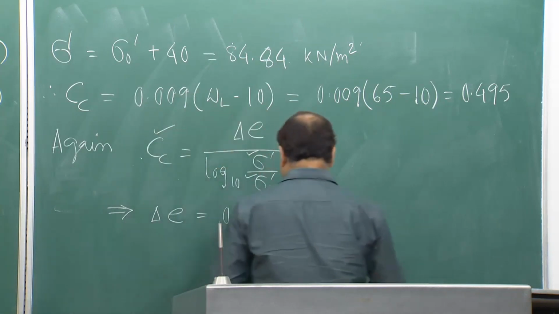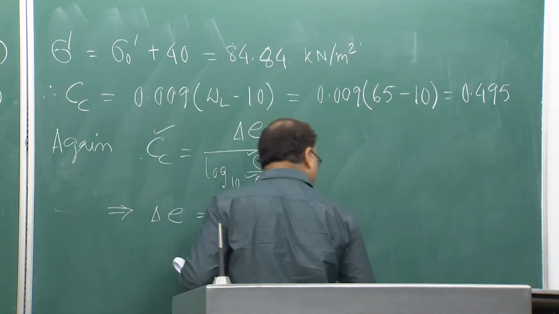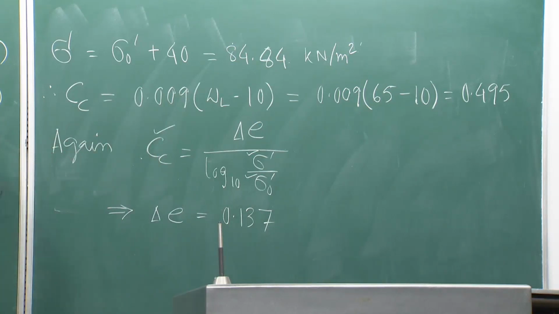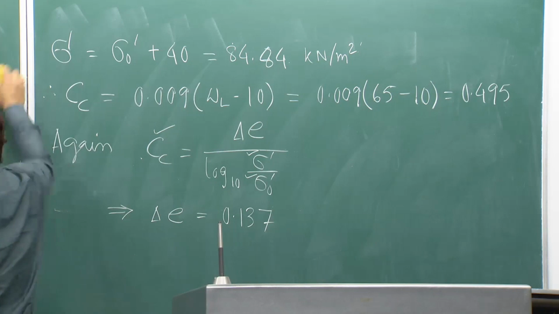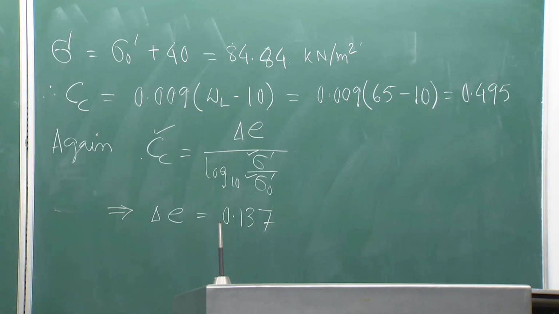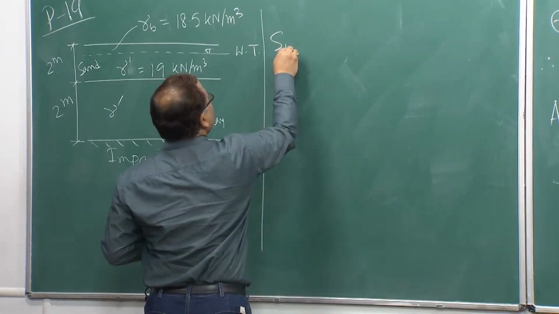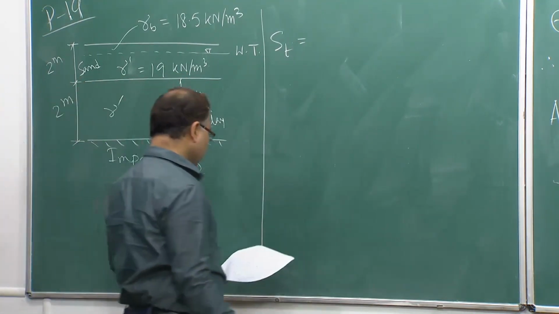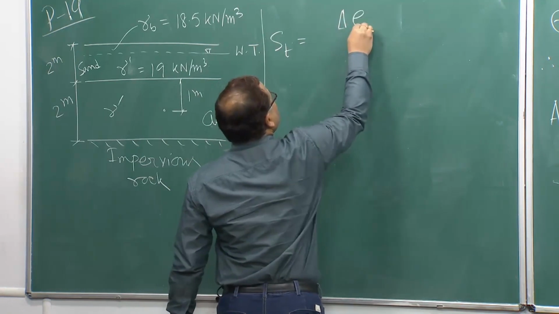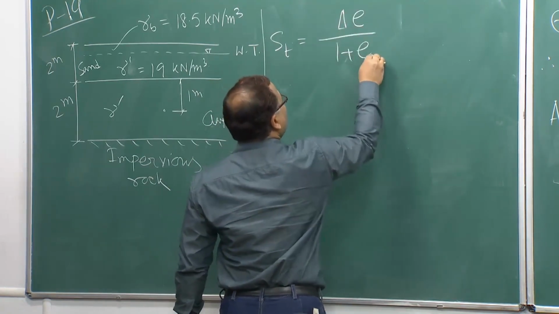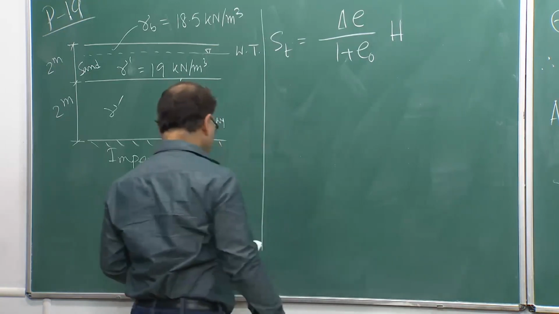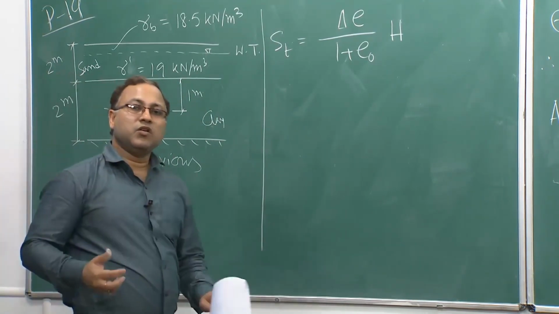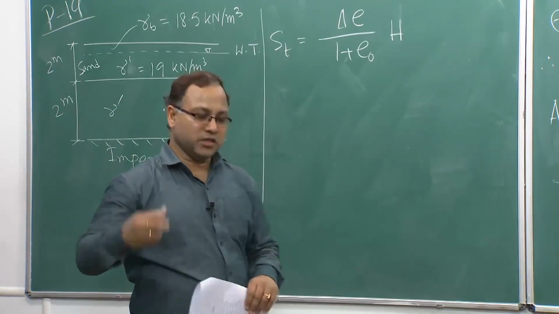Now, if I want to calculate the settlement at the middle of the clay layer, S_T, that is the ultimate average settlement, will be simply delta e by 1 plus e naught into H. What is H? H is nothing but the thickness of the deposit.